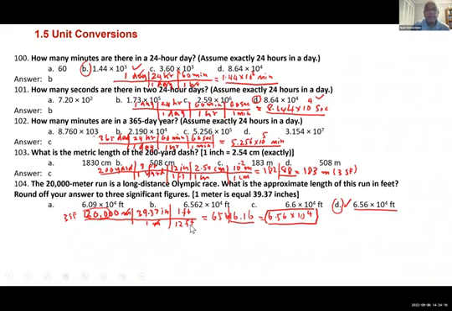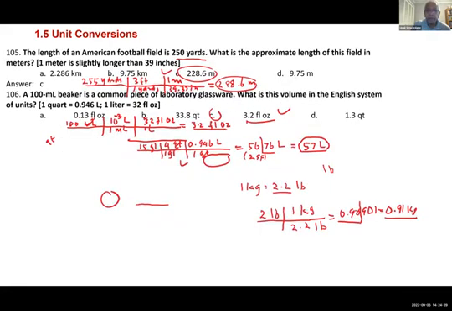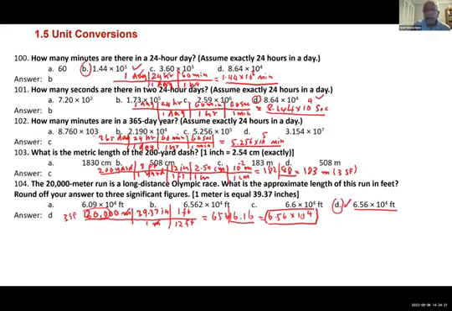I make mistakes when I'm writing inch here. I will correct that. So it has to be 6.54, 6.56 rounded off. Let's see. Yeah, it's in here. That's how I got this number.